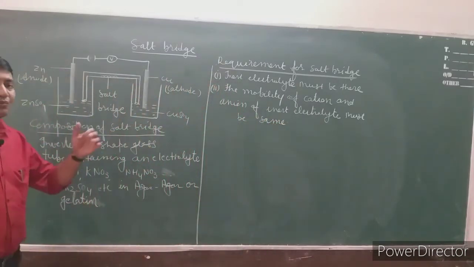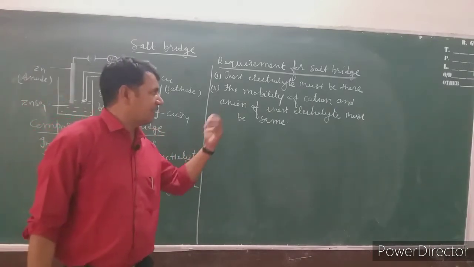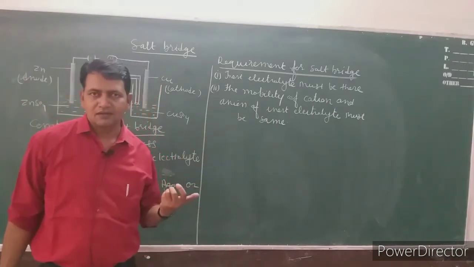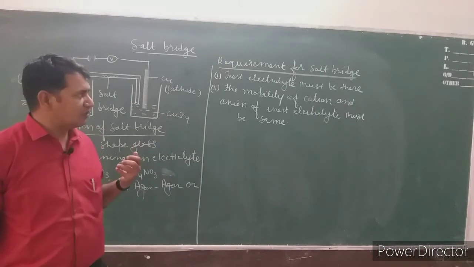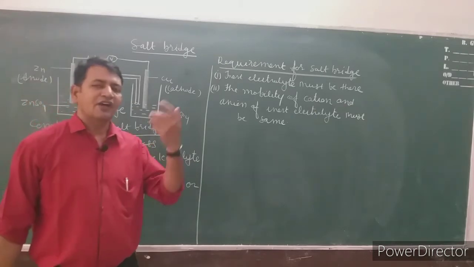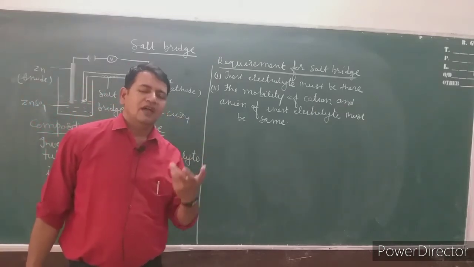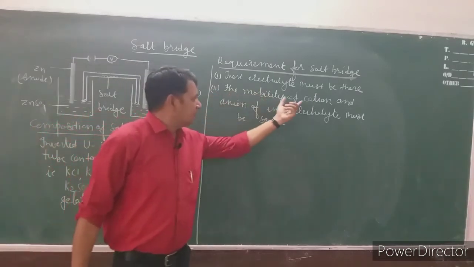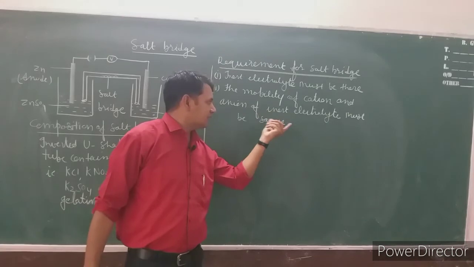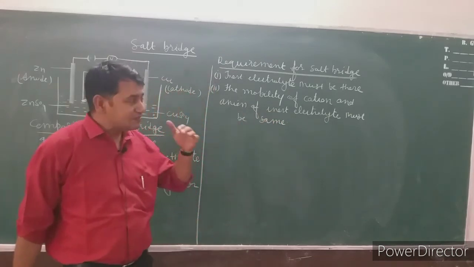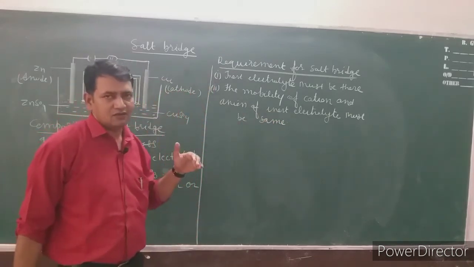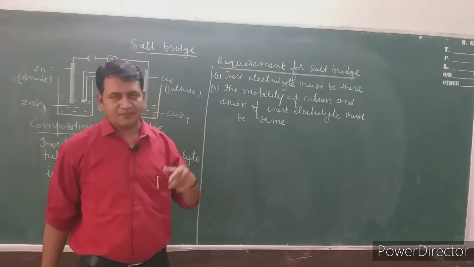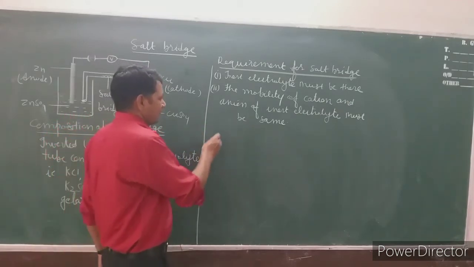Mobility means the movement, the speed of cation and anion. There is a mathematical formula also for the mobility of an ion, that is ionic conductance upon nF, number of electrons into Faraday. The mobility of cation and anion of the inert electrolyte must be the same. The speed of cation and anion of that electrolyte must be the same. This is the second requirement.